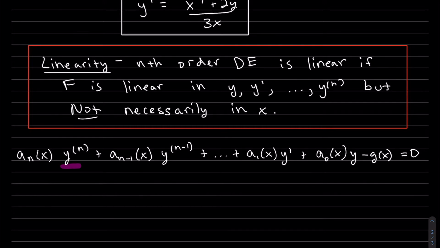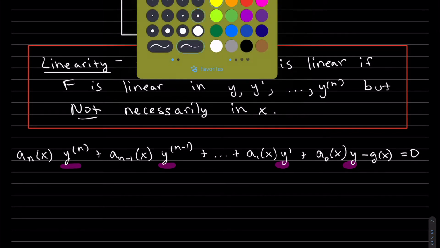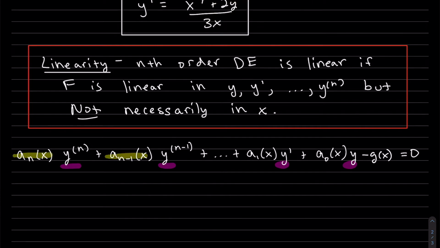So basically we have our derivatives in y, and there's no power to them, they're not in the denominator, but we also have our functions in front that are in terms of x. It could be x squared, it could be cosine of x.